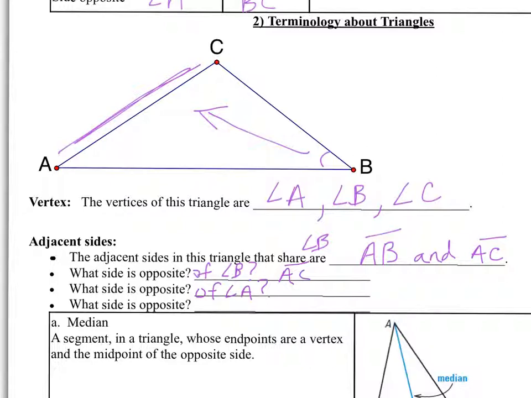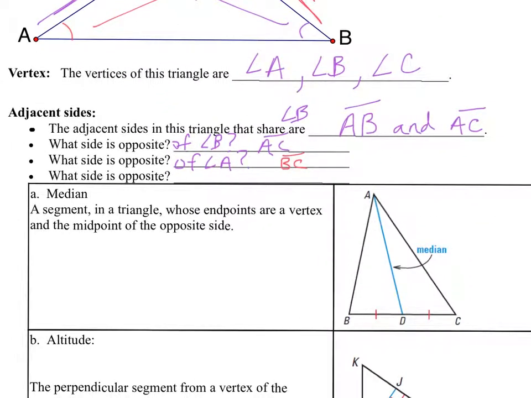Opposite of angle A is here. Opposite that is BC. And what side is opposite angle C? Is line segment AB.